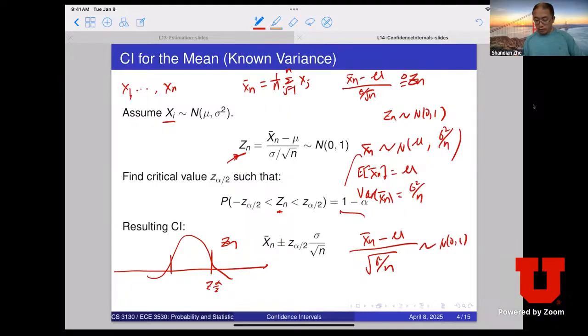So that's why we can choose Z. You can choose the quantiles at half alpha and minus half alpha, and then use these two quantiles to form the range, and we can calculate that Zn falls in this region with probability 1 minus alpha. And Zn is a linear transformation of Xn, so you can immediately get the confidence interval for Xn hat.